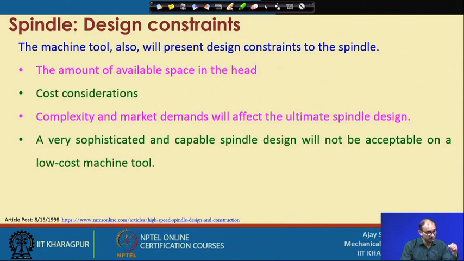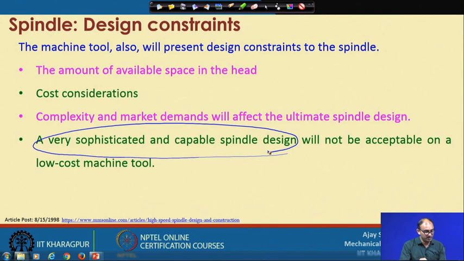Air bearing is also available. If it is a linear motion, then linear drives are available. If those sophisticated components are available in the machine tool, then it is better to spend some money on a sophisticated and capable spindle design. But if your machine is a routinely used CNC machine, and you want to go with air bearing and extremely high RPM in the lakhs, then your machine tool is not suitable for that type of spindle.